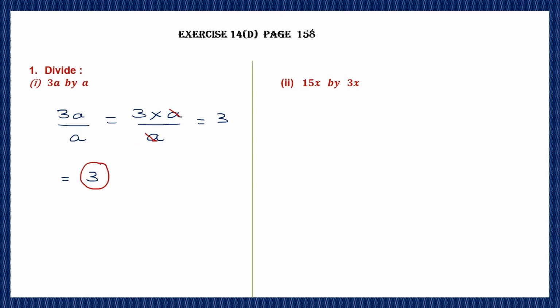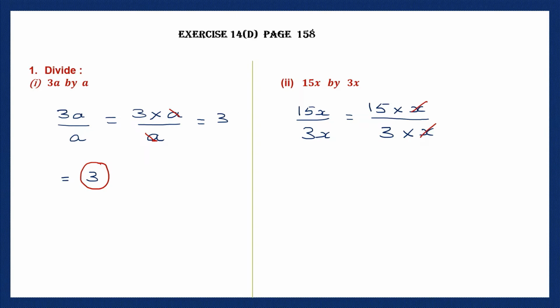Let's go on to question 2. Divide 15x by 3x. So 15x means 15 into x, and down in the denominator we have 3 into x. So let's cancel whatever we can in the numerator and denominator. I can cancel the x.